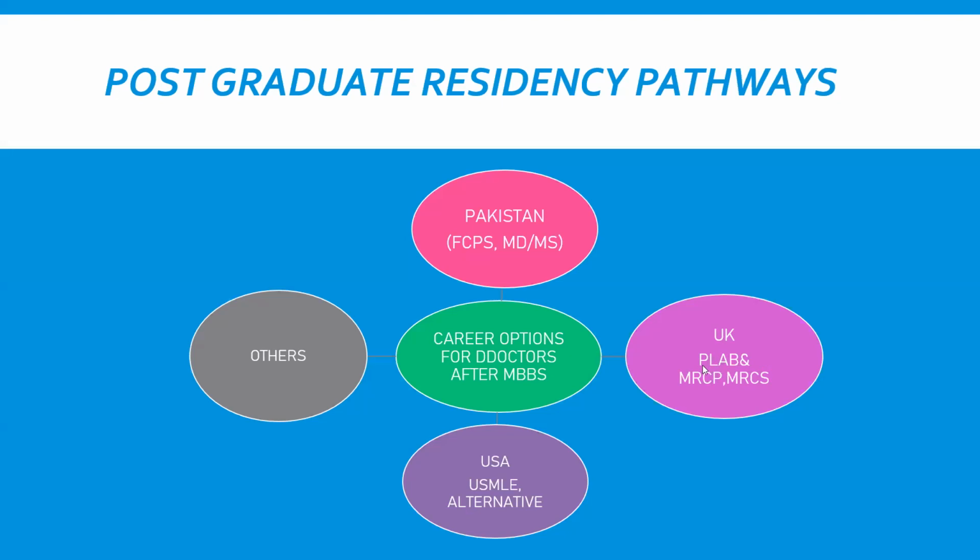And PLAB stands for Professional Linguistic Assessment Board, which conducts an exam for residency in the UK. Most probably this will be converted into UKMLE later on in 2024 or later, but the exam pattern will remain the same. So once you clear your OET and get 4B, later on you are eligible for the PLAB exam.